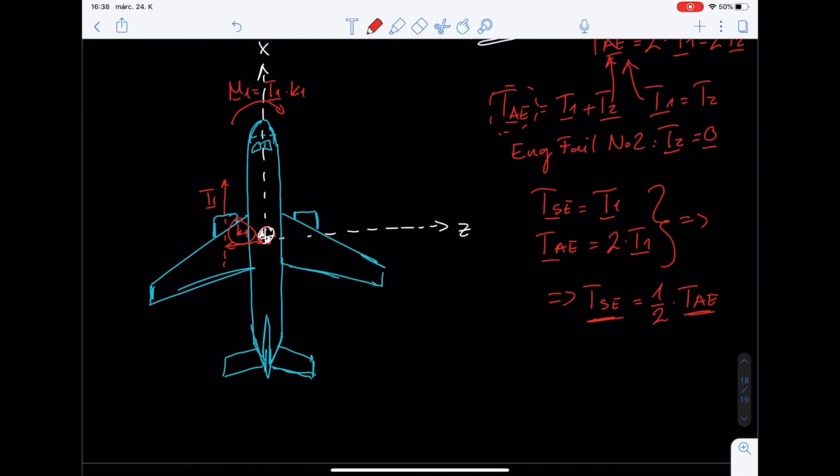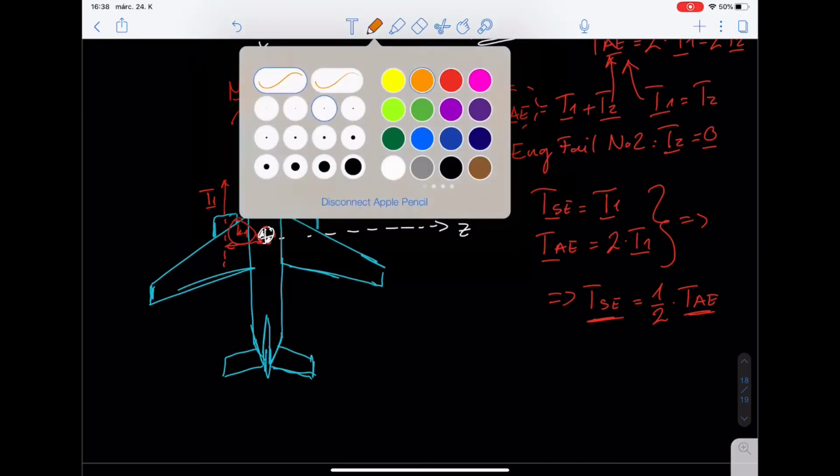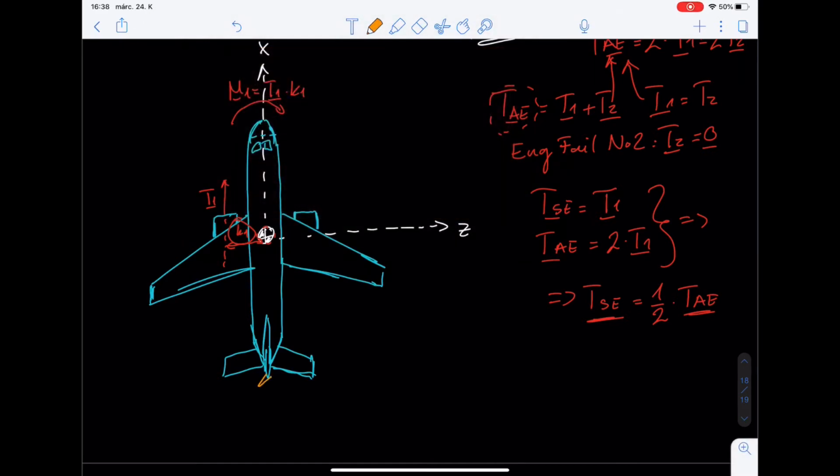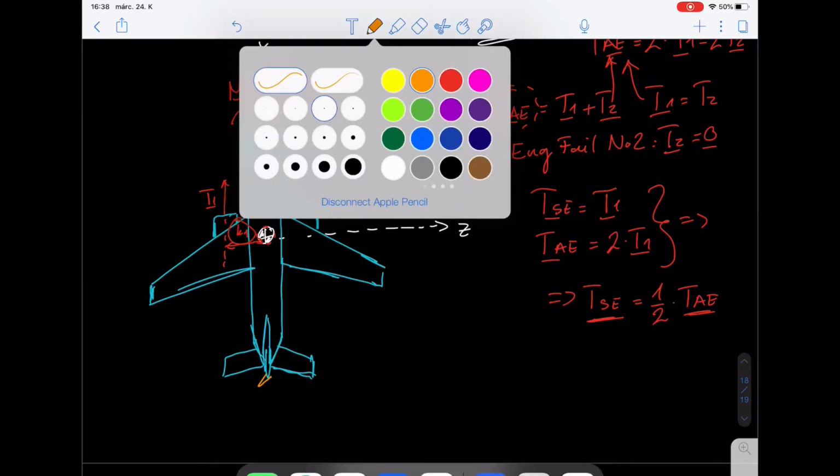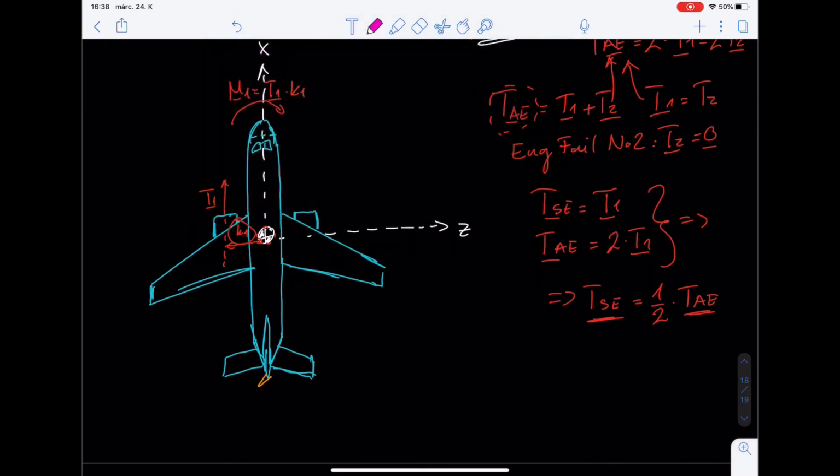So usually what you can do is you can, for example, deflect the rudder surface, and with that you generate a force pointing to the right, in this case, along a given arm. So let's say KR, so rudder, and let's say this is rudder force.